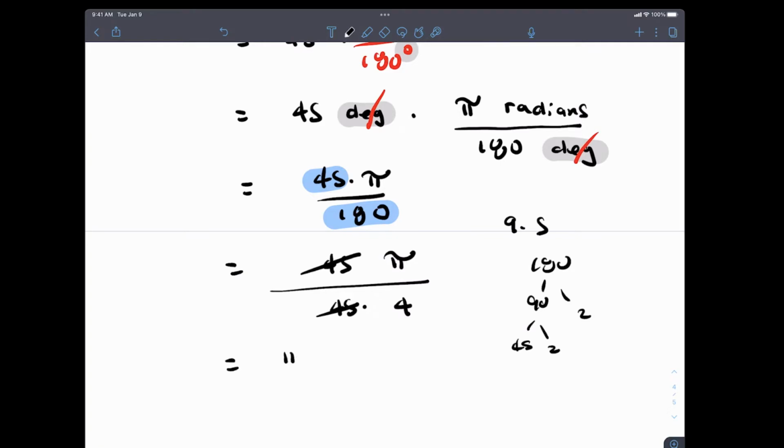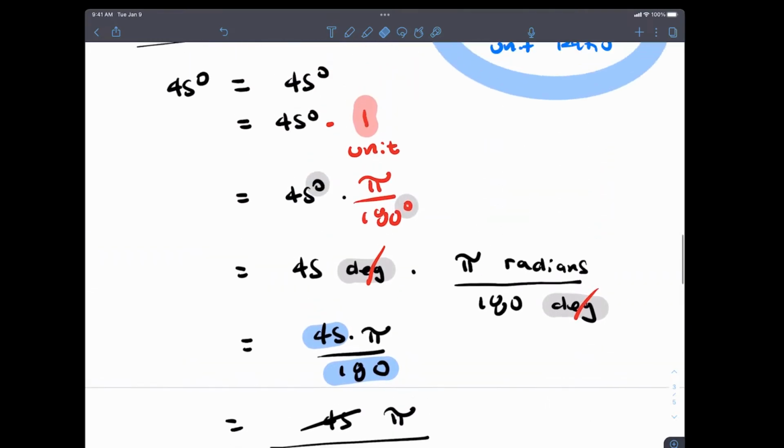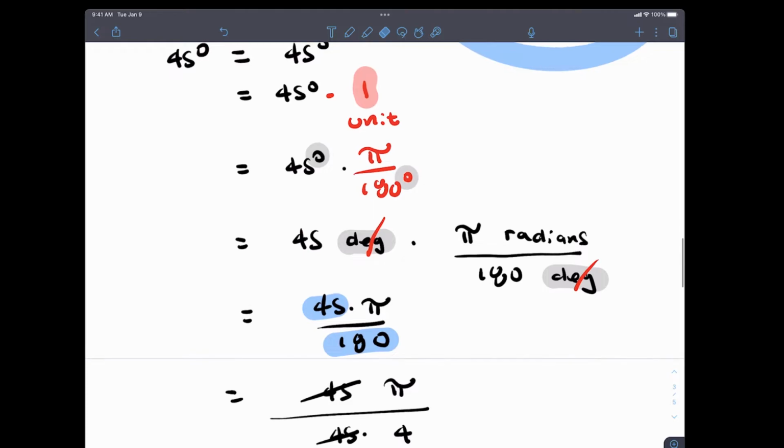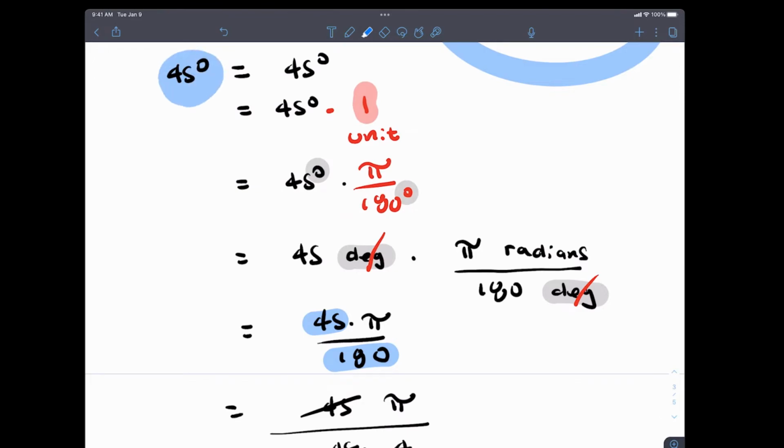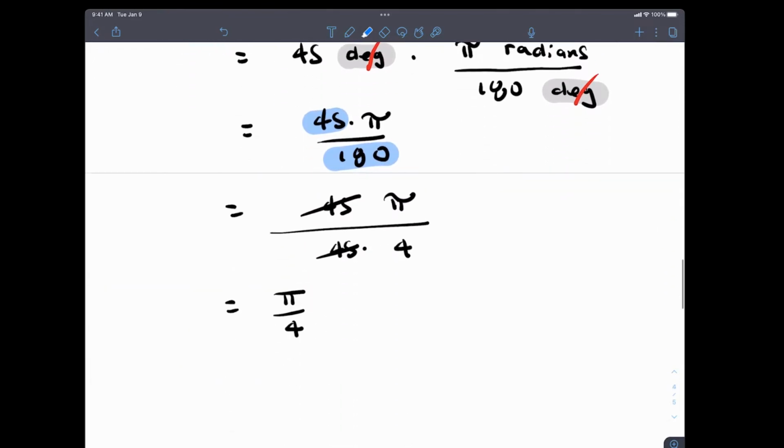So ladies and gentlemen, let's see what we just did. You simplify the fraction, reduce to lowest terms. So if you look on top, what does that mean? It means the following, that 45 degrees is equal to what? Pi over 4.